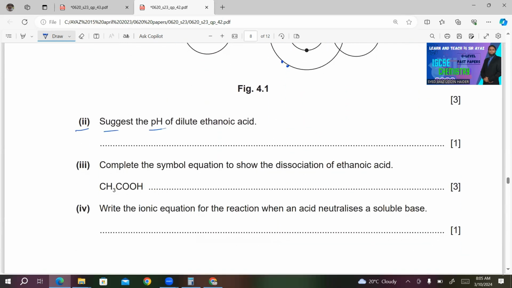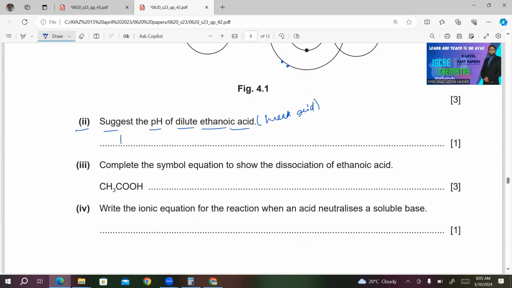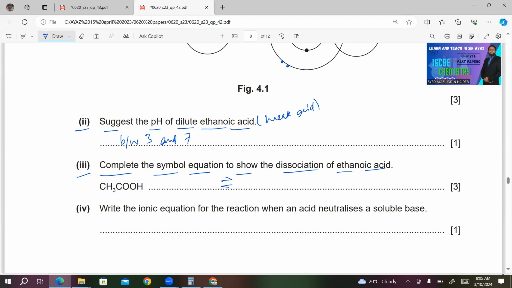Number 2, suggest the pH of dilute ethanoic acid. Ethanoic acid is a weak acid. So the pH must be between 3 and 7. Number 3, complete the symbol equation to show the dissociation of ethanoic acid. As I've just told you, it's a weak acid, so we'll show the reversible sign for the dissociation of ethanoic acid.